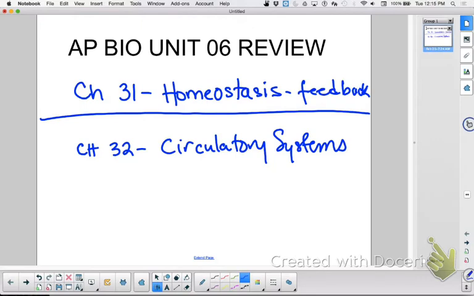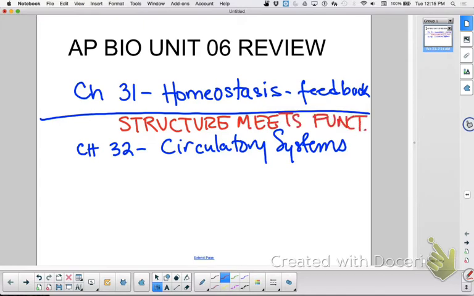With all of these, the big idea you need to know is how structure meets function. When you talk about this chapter, you're going to want to focus on things like diffusion.